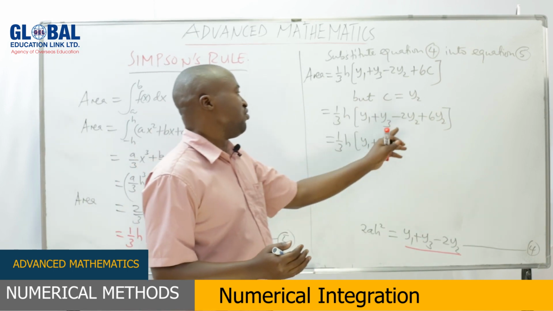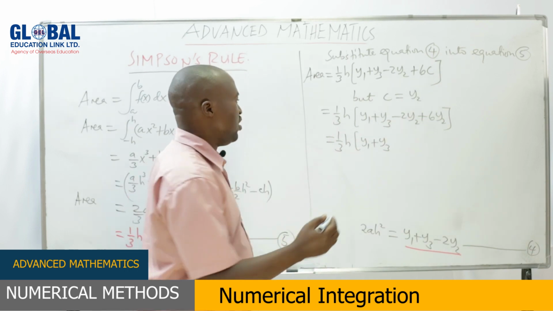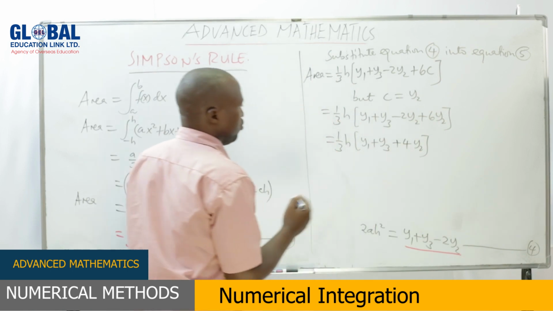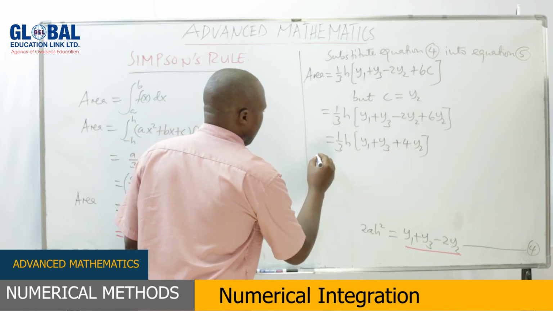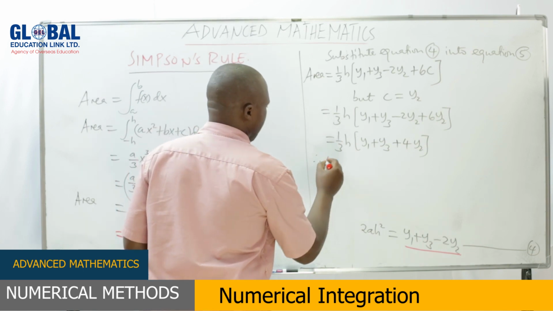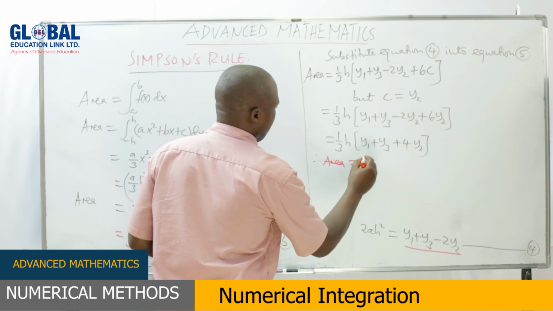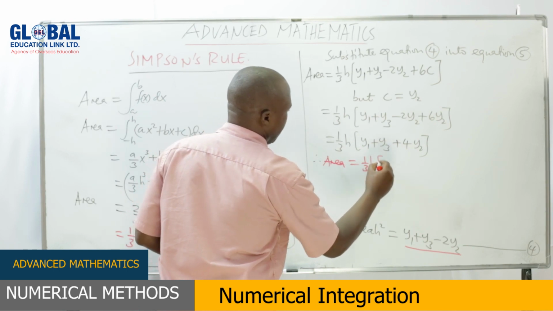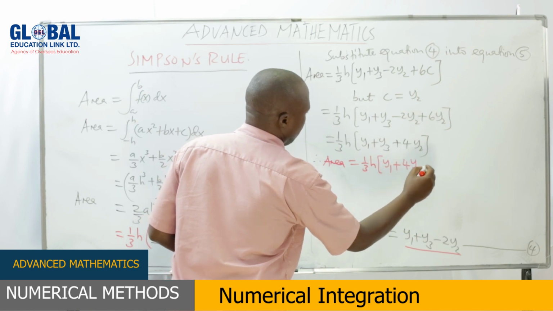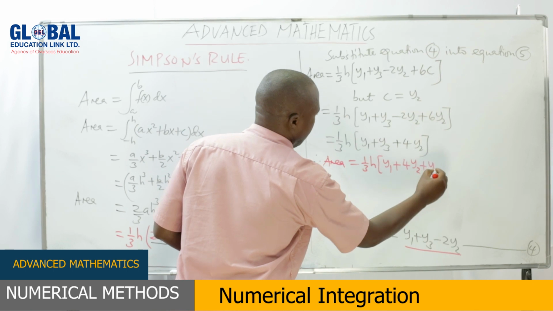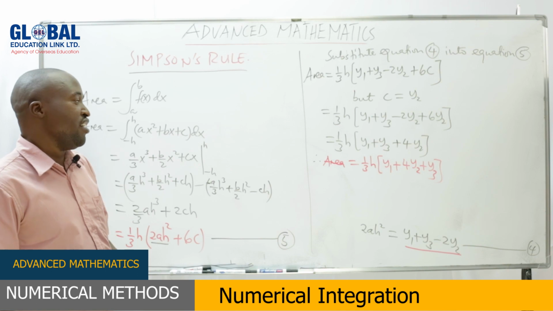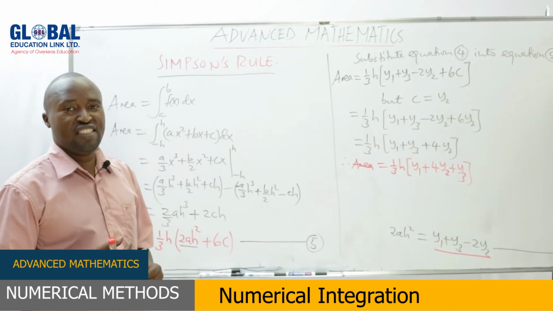Here we have negative 2y2 plus 6y2, that is 4y2. So in rearranging this, the area of the curve is equal to 1 over 3h bracket of y1 plus 4y2 plus y3. That will be the area of the curve for 3 ordinates.